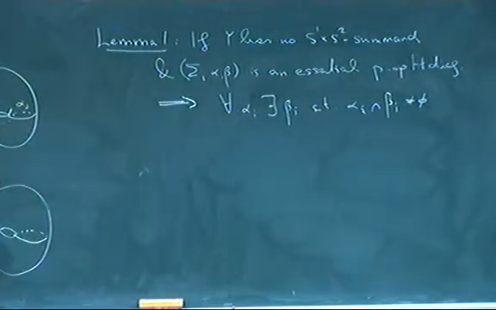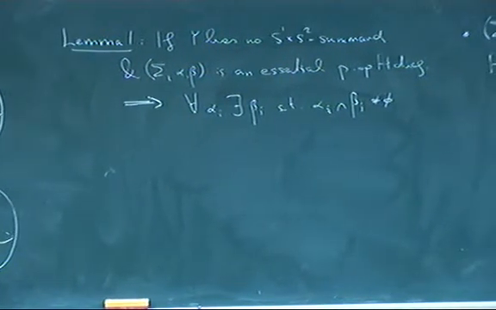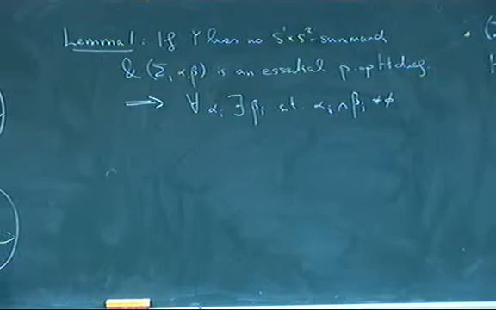So if we have an essential pair of pants decomposition of an odd 3-manifold, then all the alphas are intersected by betas. Okay, so why is that?